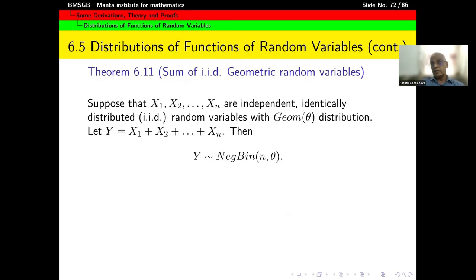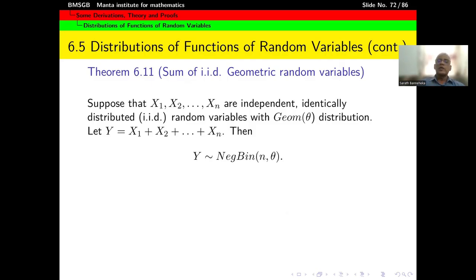And you will see that the moment generating function of y has the form of the moment generating function of a negative binomial distribution. The moment generating function of a negative binomial distribution is also given in the table. So if you compare what you got as the moment generating function of y, you will see that it has the same form as that of a negative binomial random variable.